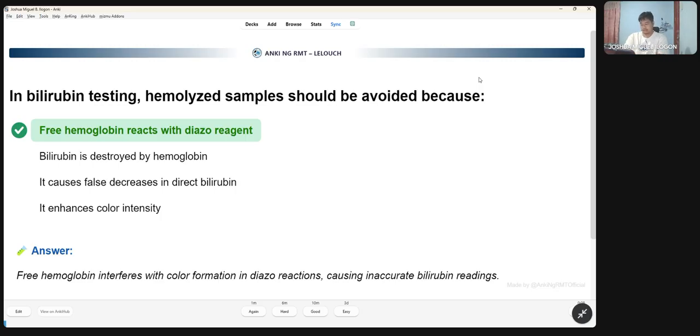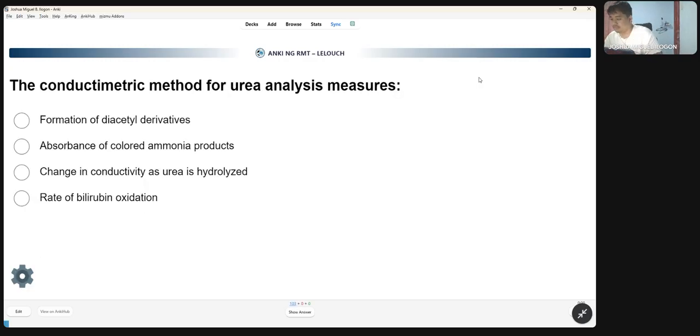Avoid hemolysis. Either serum or plasma. If you're having plasma, you use heparin. Free hemoglobin will interfere. Diazo reagents.